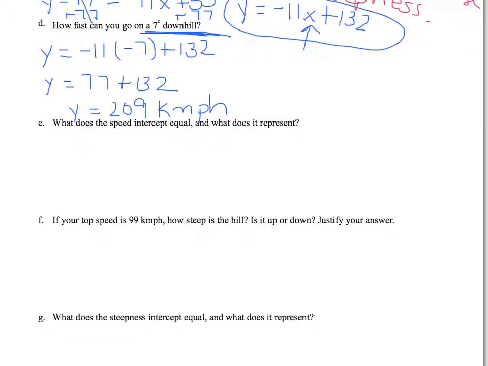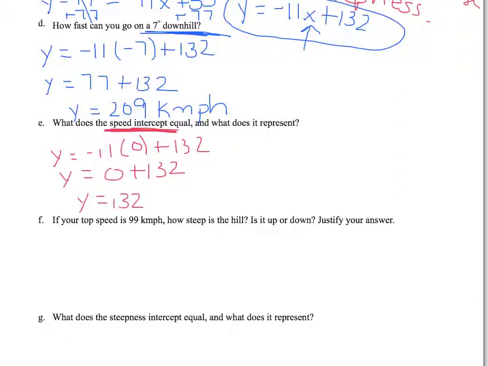Now the speed intercept. Remember that speed was represented by y, so I want the y-intercept. That means I'm going to put 0 in for x and solve for y. And so that's 132 kilometers per hour.